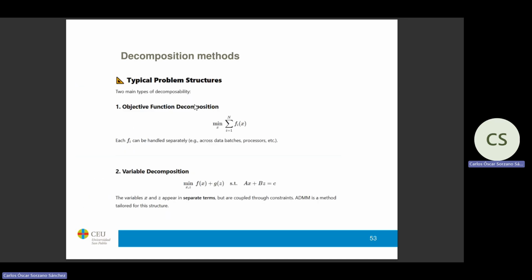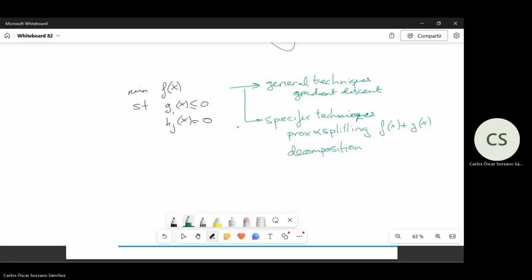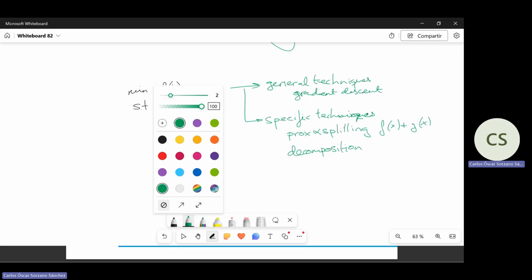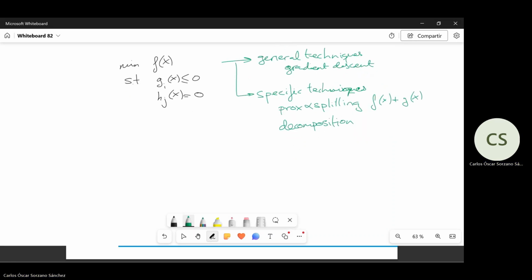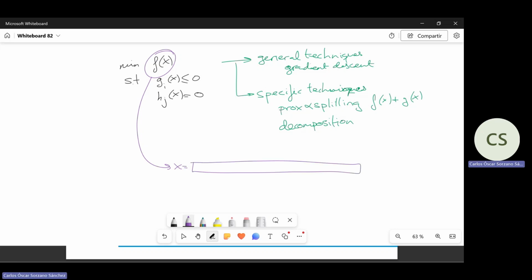In the formulation we had before, you have this f of x, where x is a long vector with many components.